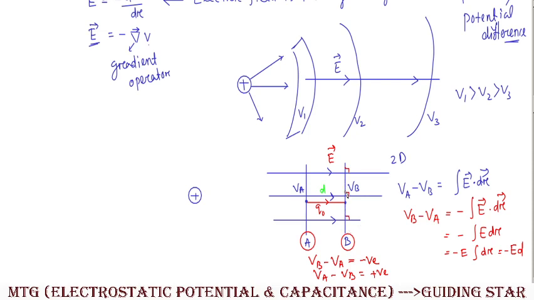That means electric field lines are along the direction of decreasing potential, but the field lines will be perpendicular to the equipotential surface.